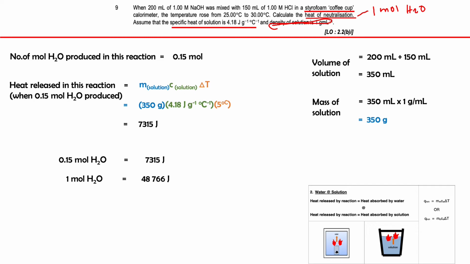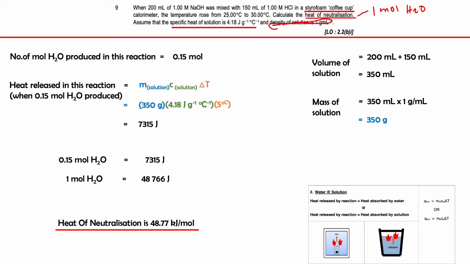Again, the question is asking you for heat of neutralization, so it is good for you to make a new conclusion, which is this. Heat of neutralization is 48.77 kilojoule per mole. Now, should it be negative or positive? Let's see.